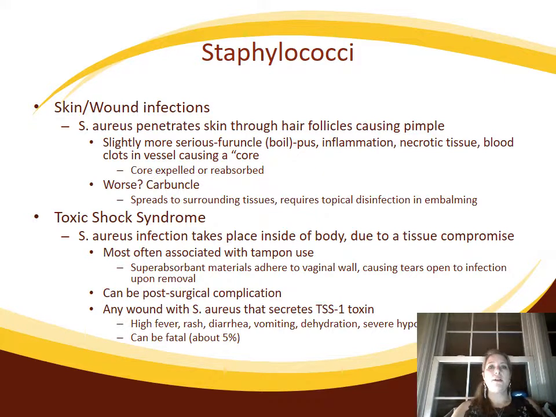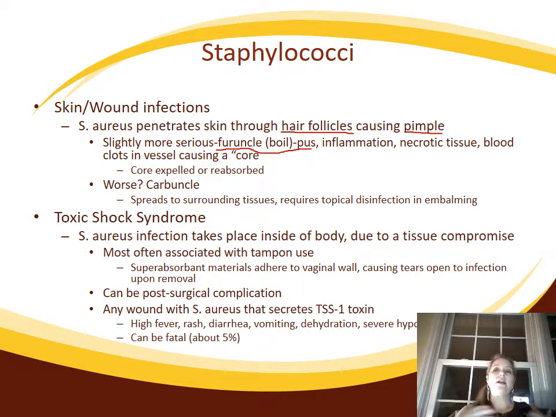It can also cause skin and wound infections. It can cause toxic shock syndrome. So what happens a lot of the time when you get staph infections on the skin is that the staph infection moves through the hair follicles, and it's going to cause a little bit of a pimple, okay? These pimples can get more serious, and you end up with what is called a furuncle or a boil.